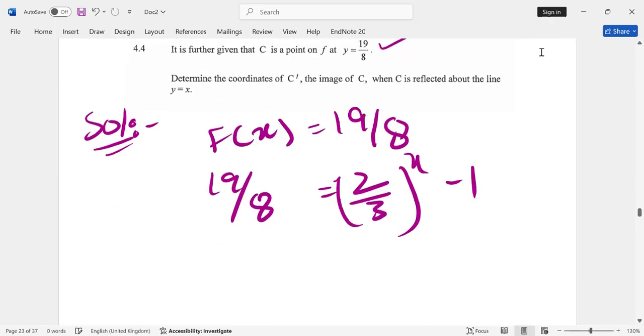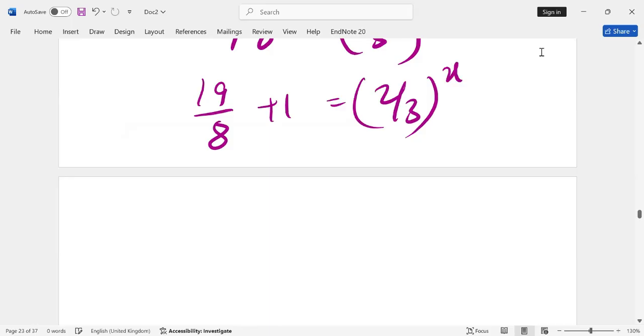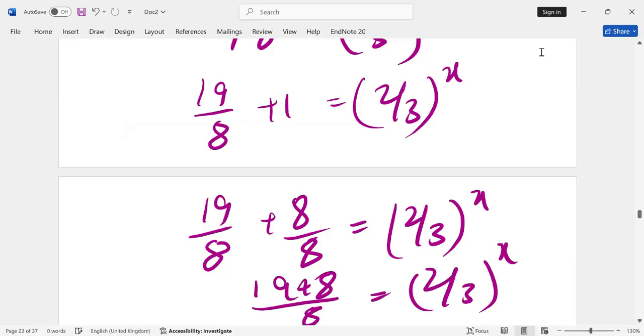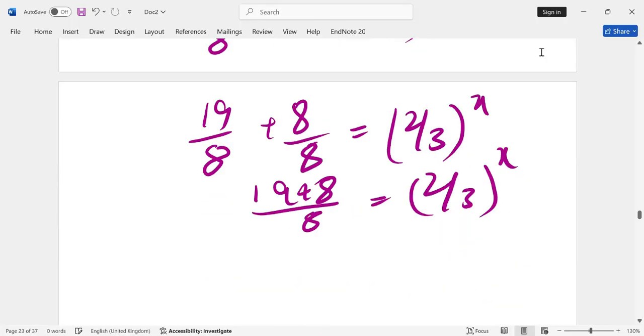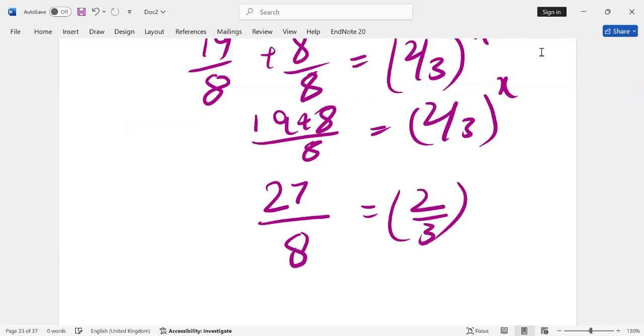We simplify the equation: (2/3) to the power of x equals 19/8 plus 8/8, which gives 27/8 equals (2/3) to the power of x.